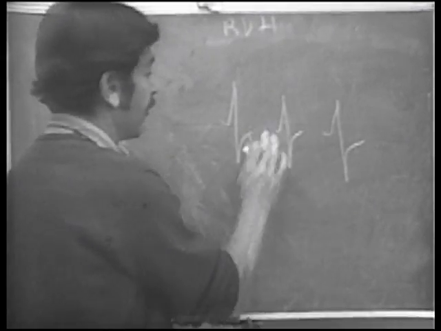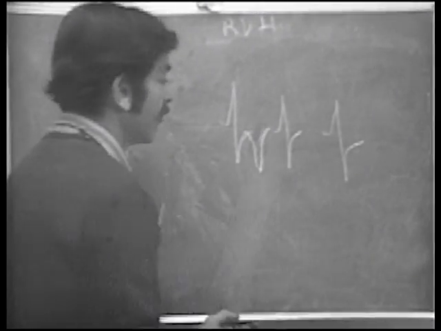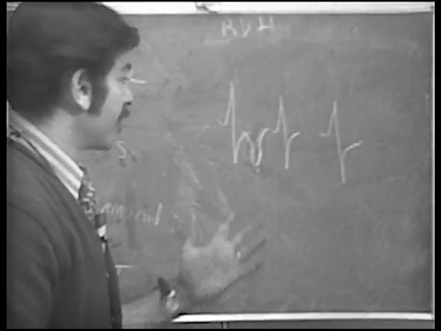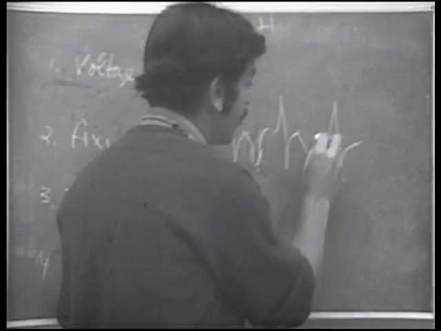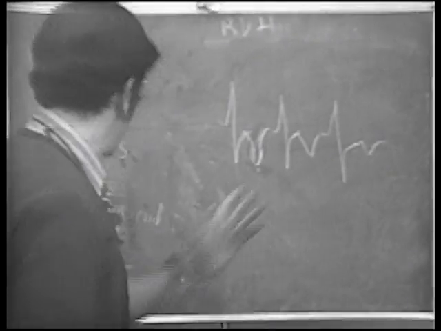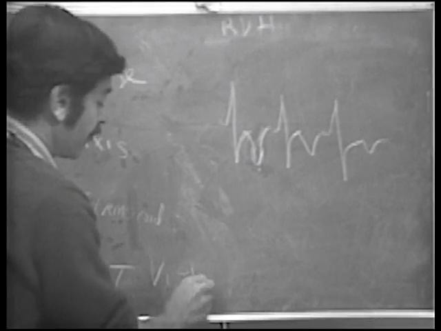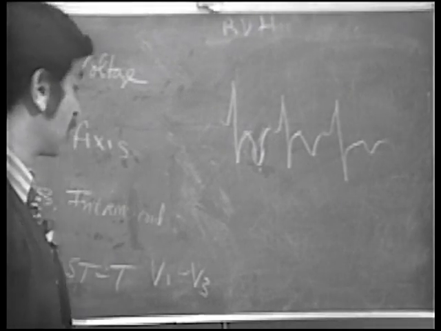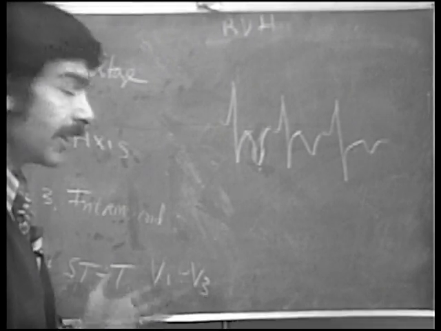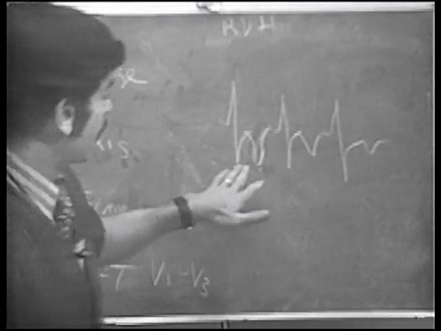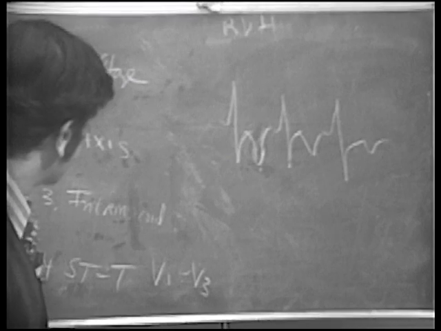So it would be all right to have an inverted T wave in lead V1, maybe not that deep, but an inverted T wave. But in right ventricular hypertrophy, what you'll see is inverted T waves in V2 and V3. So your changes are in the right precordial leads, V1 through V3. This is the location of your ST-T wave changes, as you might expect, over the right ventricle. V1 through V3, T wave inversions.